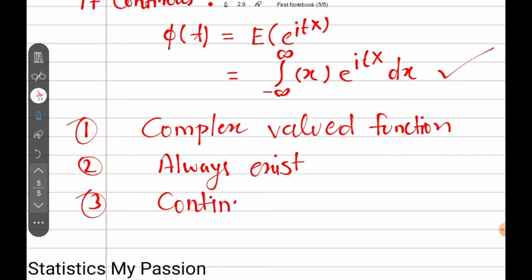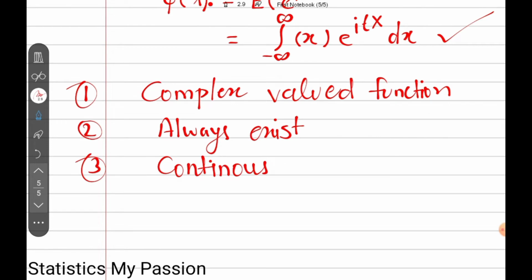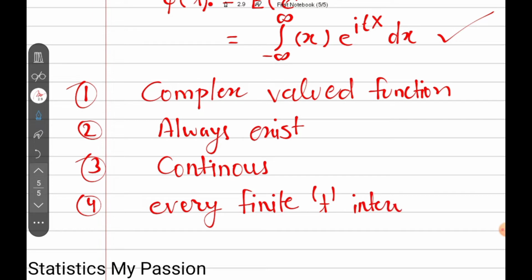It is continuous for any t, which means for any real value, and it is defined in every finite t interval.